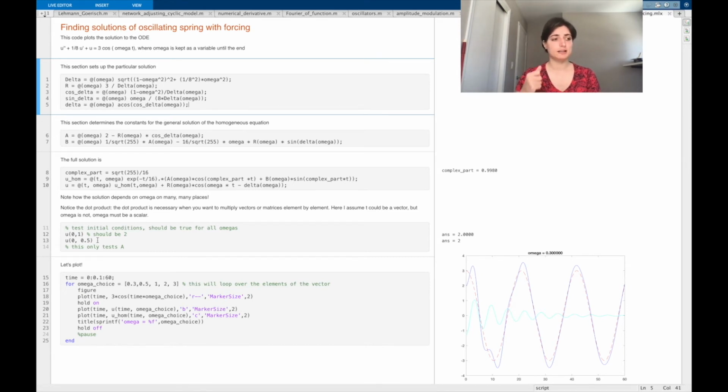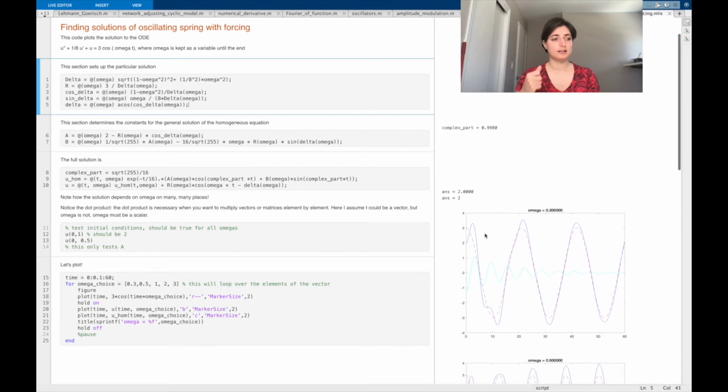Notice that the initial conditions actually only involve capital A. So if those are correct, but your solution is not correct, it's probably capital B that is wrong. And then I plot the forcing in a dashed red. I plot the full solution in blue and the homogeneous solution in cyan.